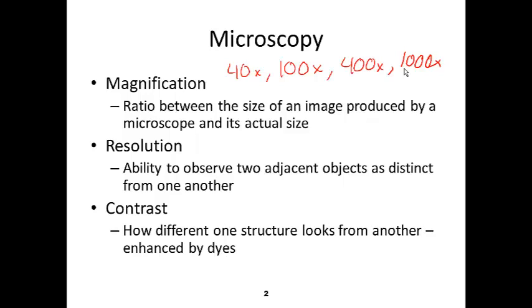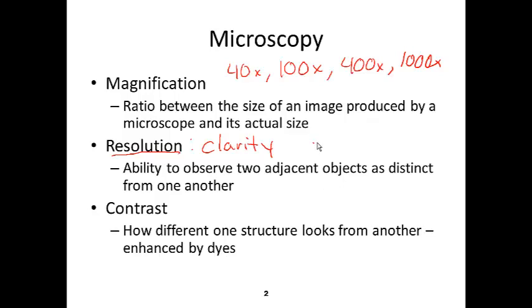Now the question is, why don't our light microscopes in the laboratory go up to 2,000 to 10,000? We're limited by the resolution which can be achieved by certain microscopes. Now, resolution is essentially a measure of clarity. The formal definition is it's the ability to observe two adjacent objects as distinct from one another.